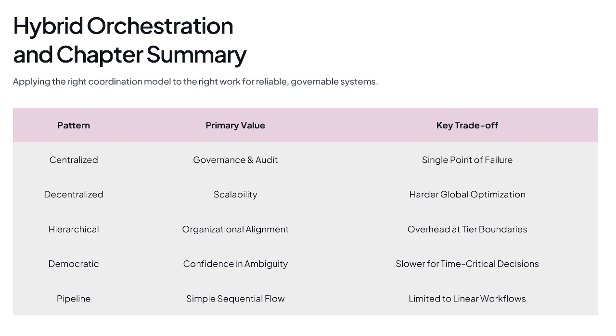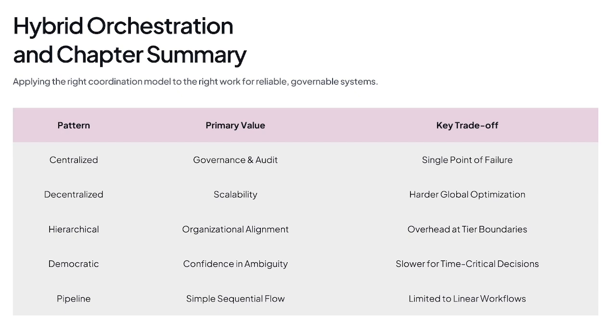Then lastly, we have the eighth design pattern, which is hybrid orchestration, before our summary. So hybrid orchestration allows the application of the right coordination model to the right work for reliable and governable systems. Okay, so it allows the system to apply the best pattern to each type of work.